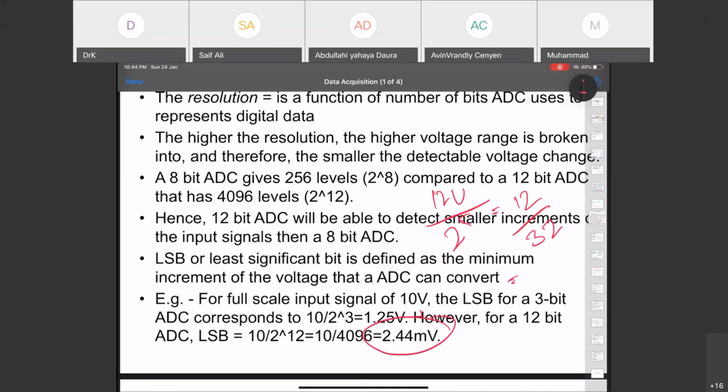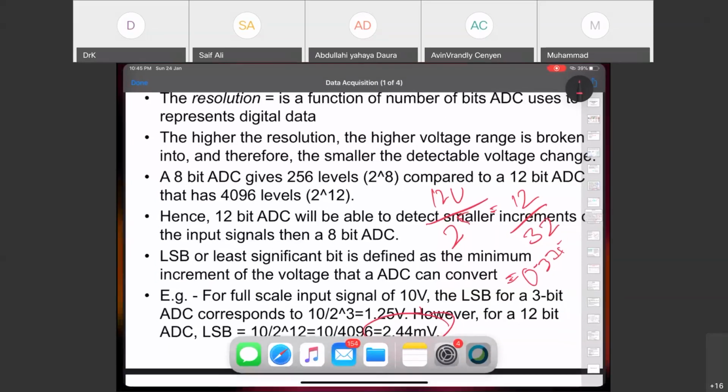Guys, can you please help me? 0.375. Meaning that every 0.375 volt, the ADC will capture one signal and store it at the right level, for example.